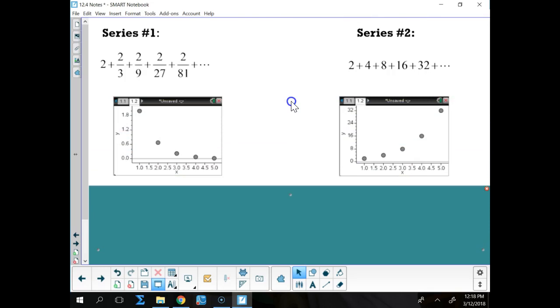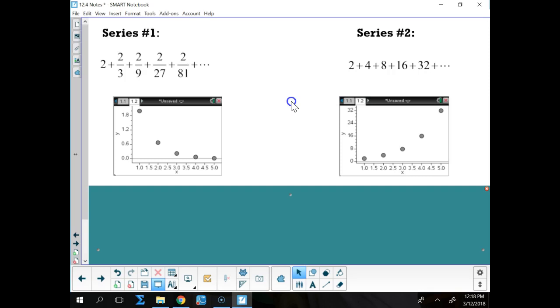Okay? So those are the graphs of series 1 and series 2. I just made a spreadsheet with them, plopped them in there, and then did the graph of them. So, what can you tell me about those series now by looking at their graphs?